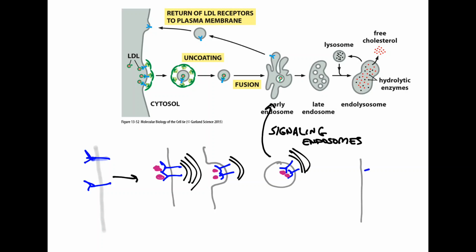So that happens over time, and eventually you'll get the overall transcription, translation of and sorting and trafficking of new receptors to make the cell respond again to those signals. But in the meantime, it can be thought of as being refractory to growth factor presence, and it doesn't respond to those. And that's a key component in the regulation of a whole lot of signal transduction pathways.